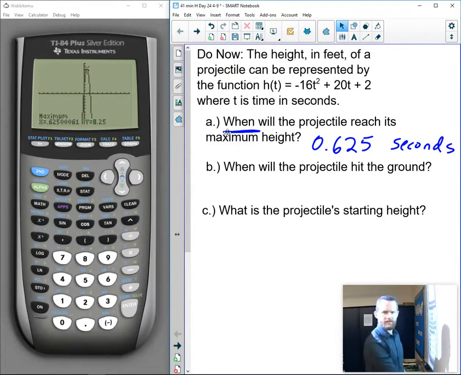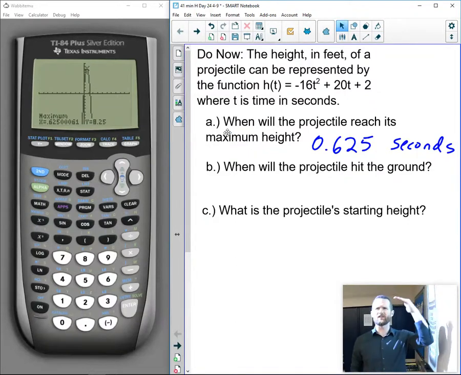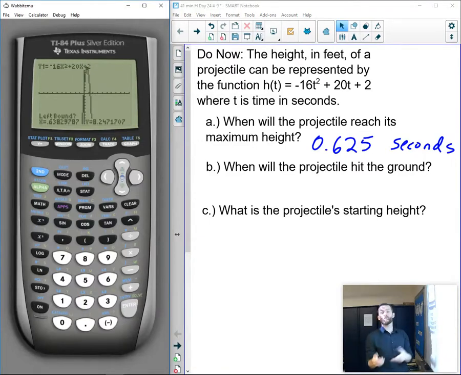Okay, next thing it says is when will the projectile hit the ground? So when it hits the ground, that's when its height is 0, so that's a real root. So I have to hit second, calculate, number 2 for zero, which is the x-intercept, which is the real root. Then I've got to do left bound, right bound around my real root. I'm going to hit enter to the left of it, move to the right of it, hit enter and enter one more time.